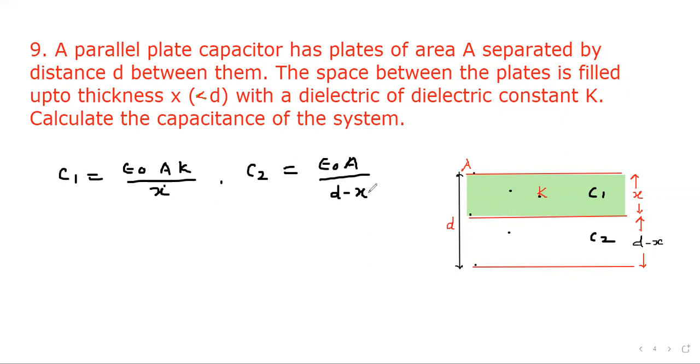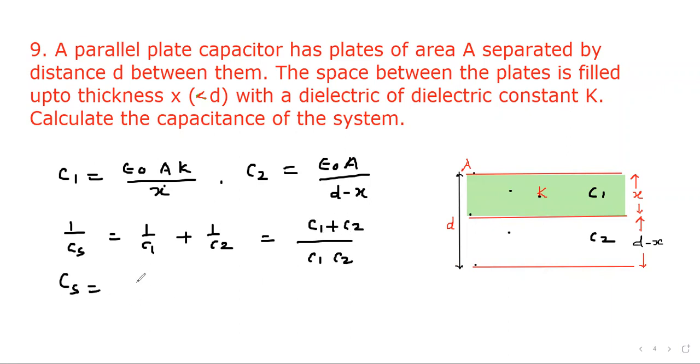Now these two capacitances are connected in series. So we evaluate 1 upon Cs equal to 1 upon C1 plus 1 upon C2, so Cs is equal to C1 into C2 divided by C1 plus C2.